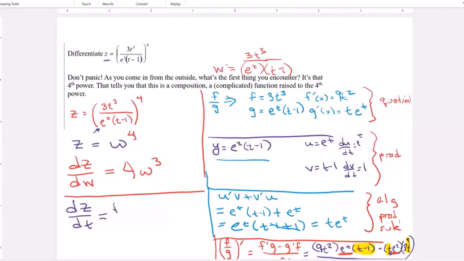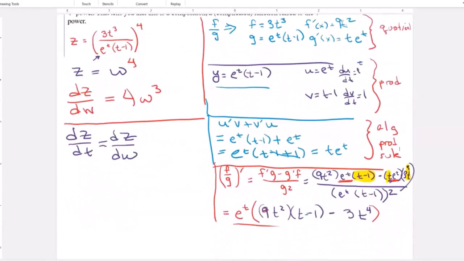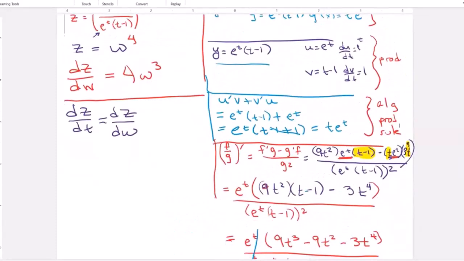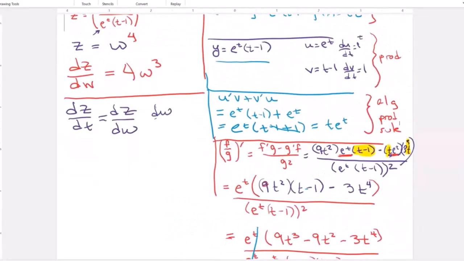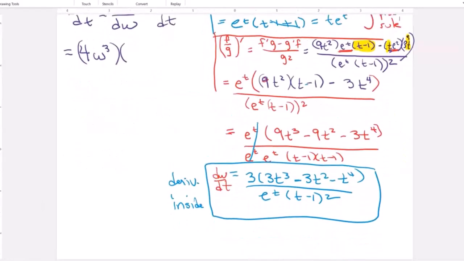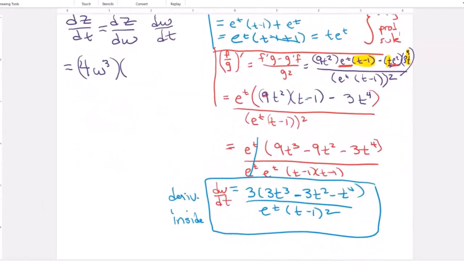Well, I have dz dw, I have dw dt. And if I cancel the dw's, I get dz dt, so I'm on the right track. dz dw equals 4w cubed times dw dt.